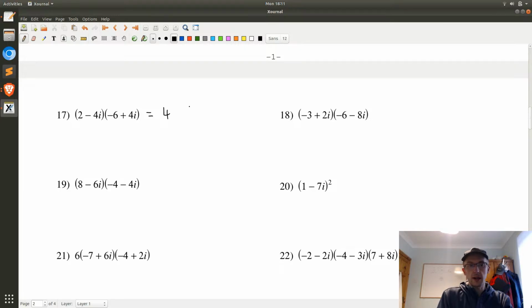So 24 add 8 is 32. And here, 34, add 12i.